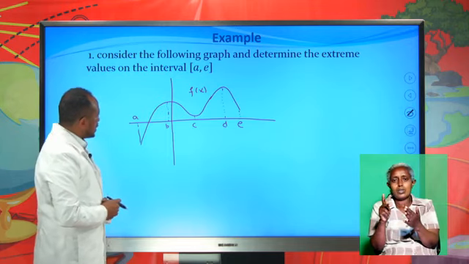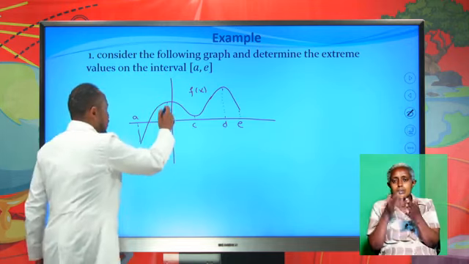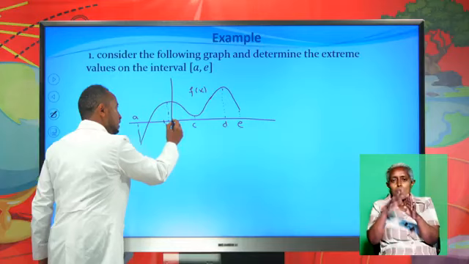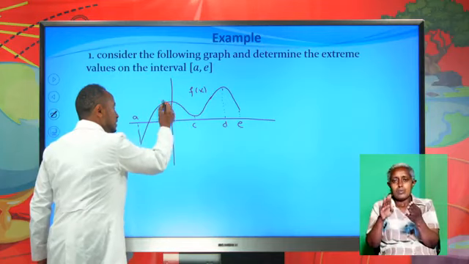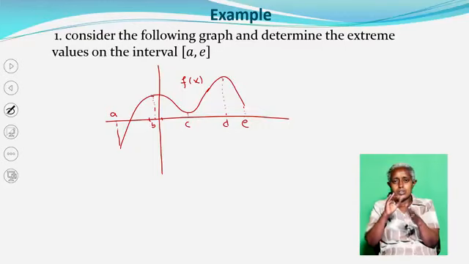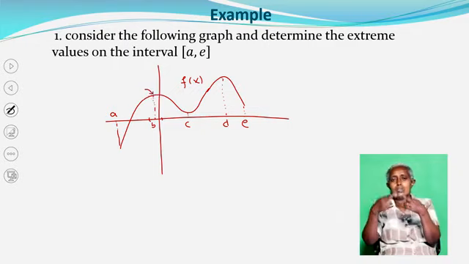Okay, if you see this point, for an open interval around B, this value is greater than every member of this open interval. Therefore, this point is a relative max.